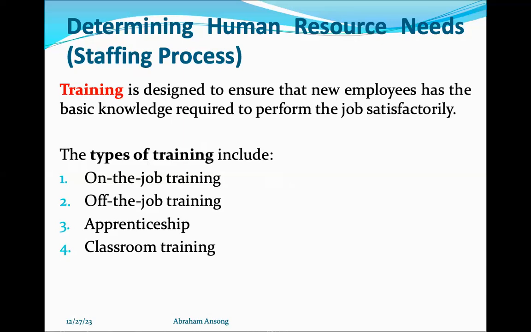Off-the-job training, an example of that is classroom training. Okay, so you go somewhere, then some lessons are presented off the job, but it is expected that when you finally come to work, you'll be able to exhibit the new knowledge that was given to you during the classroom training. Okay, so these are the types of training that we have.